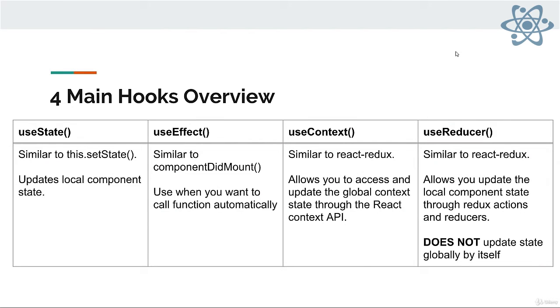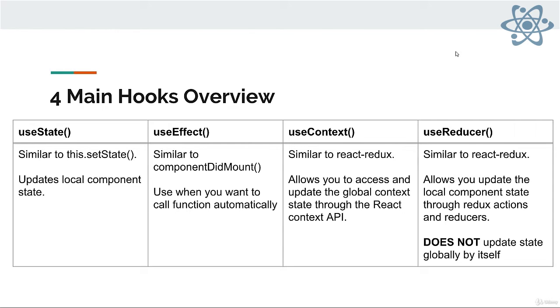So here's a chart that gives a basic overview of the 4 main hooks. There are 10 total hooks, but these are the 4 main ones that you'll probably use the most. I'll go into more detail about each of these hooks, but let's just start with the basic overview. First we have the useState hook, and this is similar to the setState function in the previous version of React.